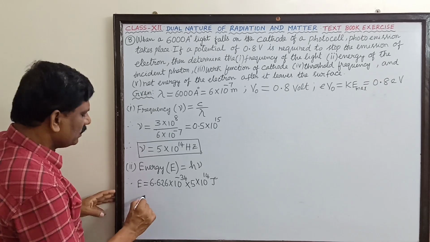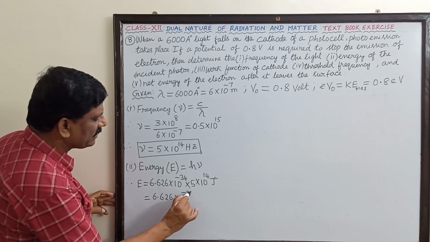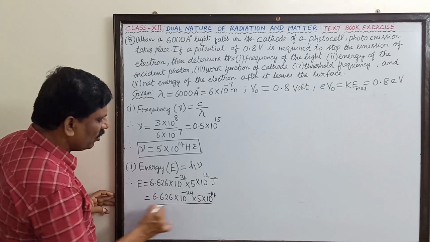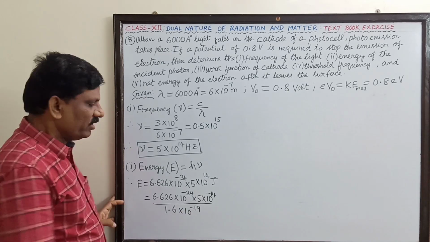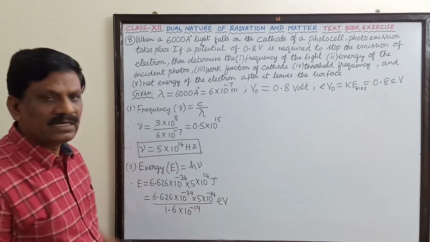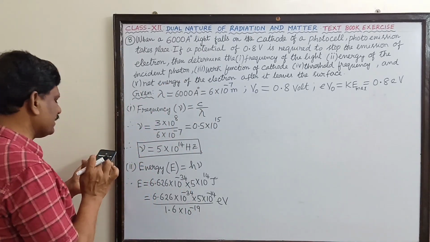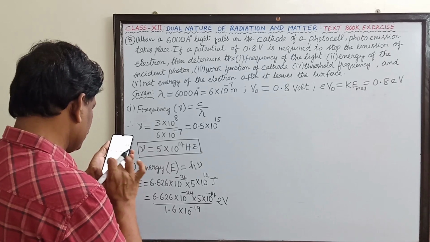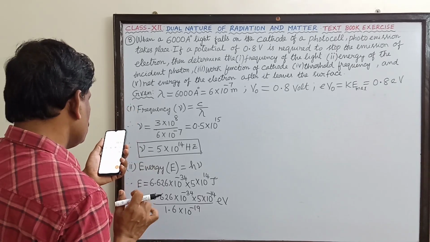So this is also equal to 6.626 into 10 power minus 34 into 5 into 10 to the power of 14 whole divided by the charge of the electron 1.6 into 10 power minus 19. If you divide joule by the charge, then now the unit will become electron volt. So let us now find out the calculated value of this. 6.626 multiplied by 5 is 33.13.